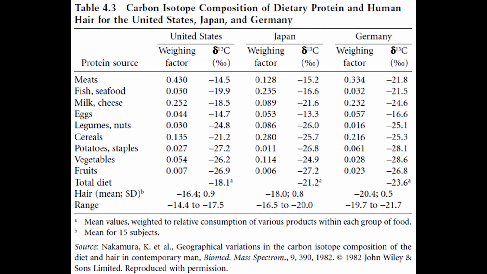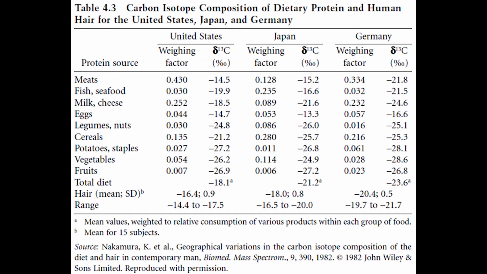So even if we just look at the United States, there's differences between if you eat meat, versus if you were eating nuts, versus if you were eating fruits. And then if you're eating things in the United States versus Japan versus Europe, then the carbon-12, carbon-13 ratio shifts.